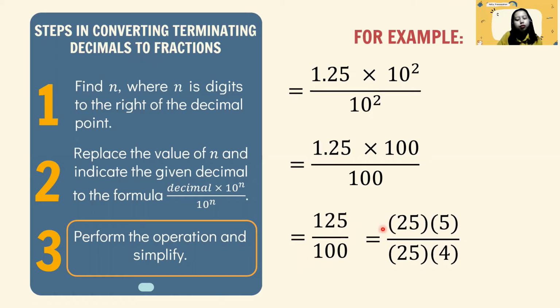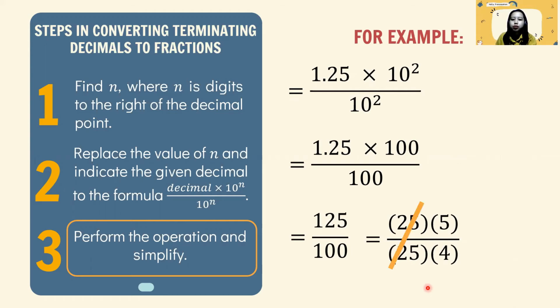So we can write the fraction 125 over 100 in this form by expanding the numerator and denominator so that we can easily reduce the fraction. The greatest common factor is 25, so we cancel the 25 in the numerator and the denominator.